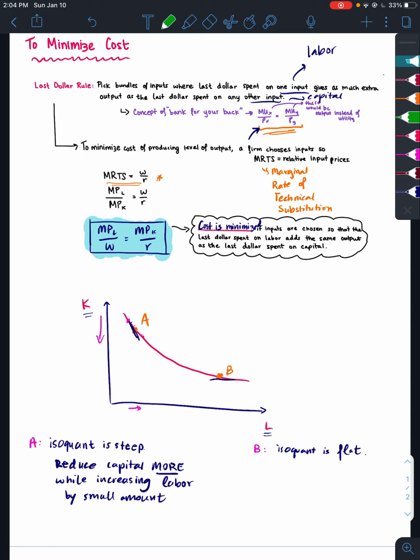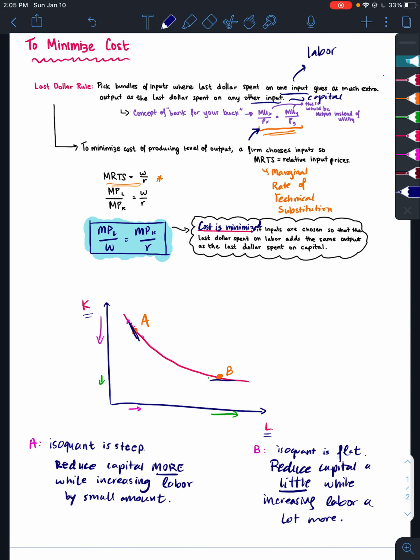You are reducing capital by just a little bit in order to get a huge increase in labor. So the firm would want to reduce capital a little while increasing labor a lot more to achieve the same level of output. Sorry about the handwriting.